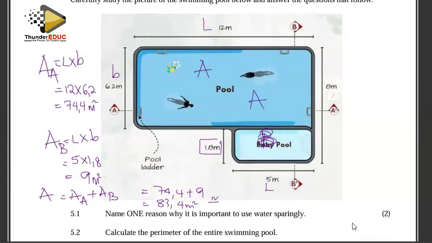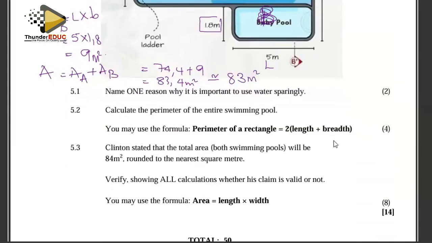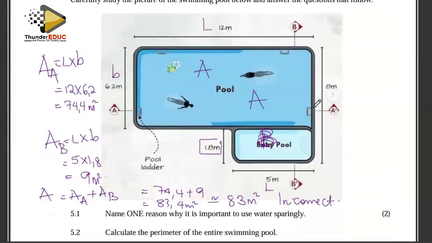So this gives us 83 meters squared. The person claimed both of them should equal 84 meters squared. We've got 83. So please learn how to conclude, and we shall say the claim is incorrect. This brings us to the end of the paper. Thank you very much.